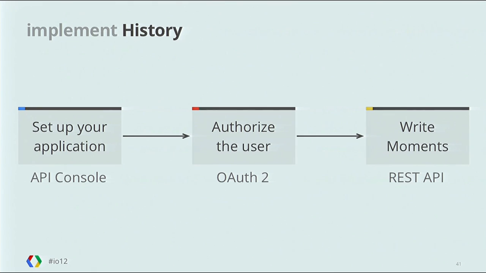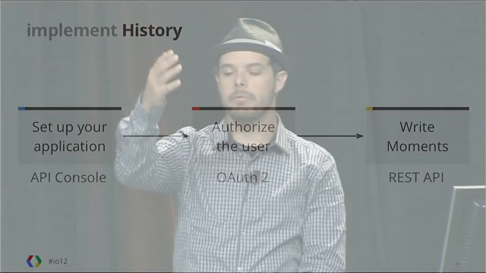You then use that client ID to start the OAuth process. The user will be presented with a permissions screen. They add the permissions, get directed back to your site, and then you write moments.